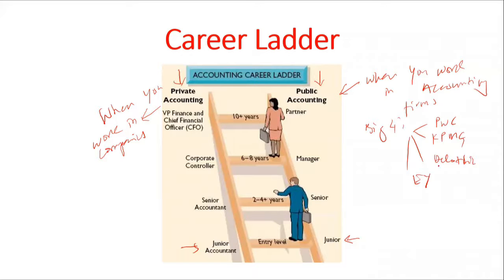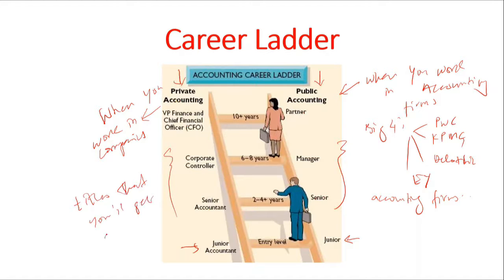These are four famous accounting firms. They provide all sorts of services: auditing, advisory, tax advisory, you name it. So you can choose to go into private accounting or public accounting, and these are the career ladder or career titles that you will get over time.